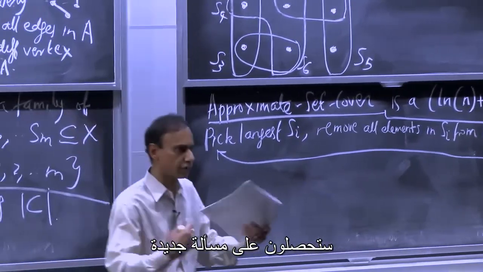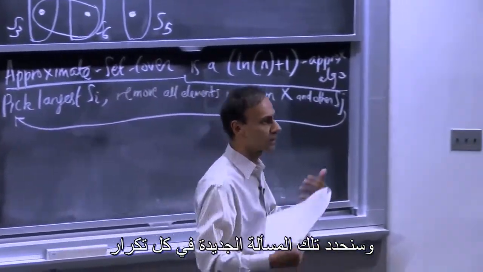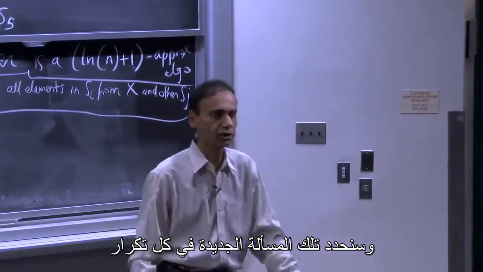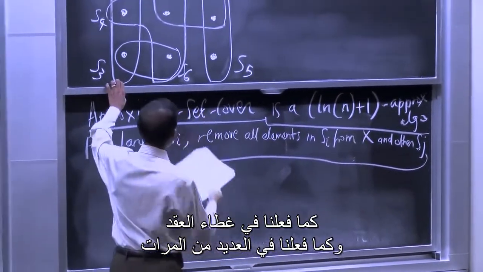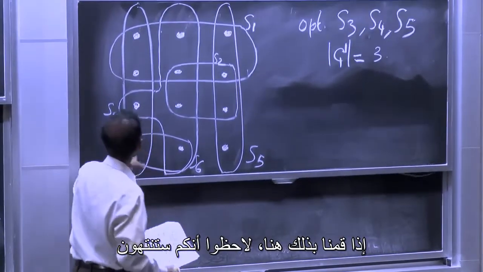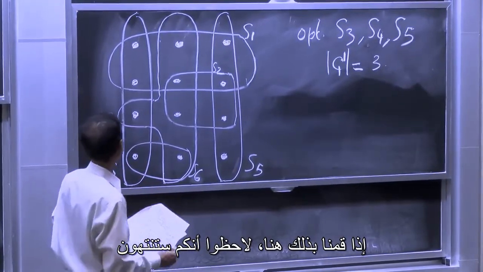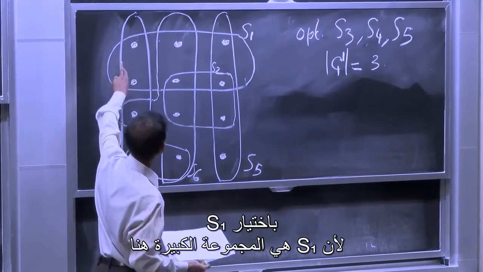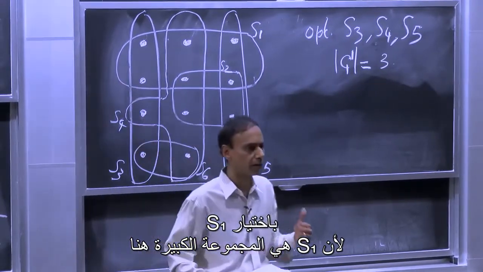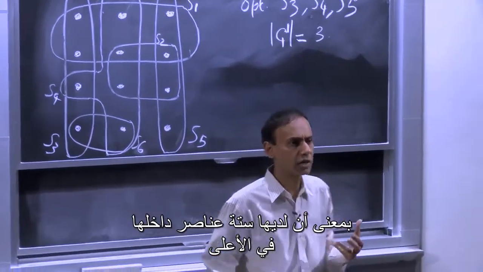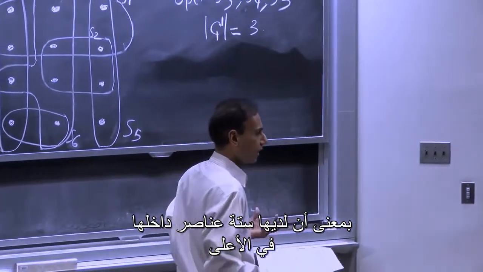So you'll have a new problem and you're going to specify that new problem on every iteration, just like we did for vertex cover and we've done many a time. If you do that over here, notice that what you end up with is picking S1, because S1 is the big boy here, in the sense that it's got 6 elements in it, right?